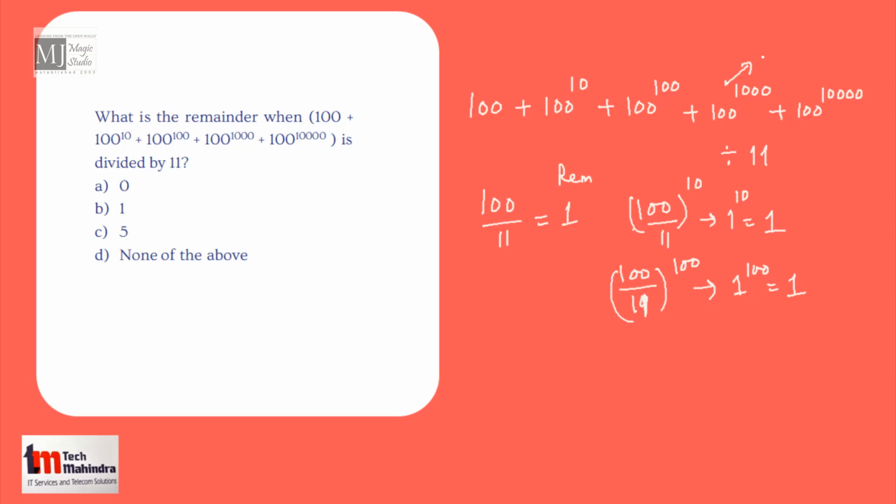Similarly, in this part also remainder would be 1. Similarly, in this part also remainder would be 1, isn't it? So what would be the total remainder when the entire expression is divided by 11? It would be 1 plus 1 plus 1 plus 1 plus 1. Yes, that is 5. Do we have this in the options? Yes, option C is there.